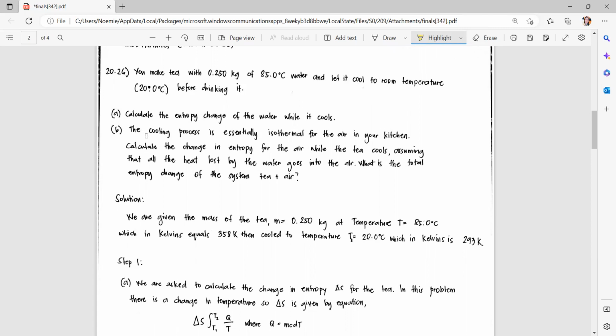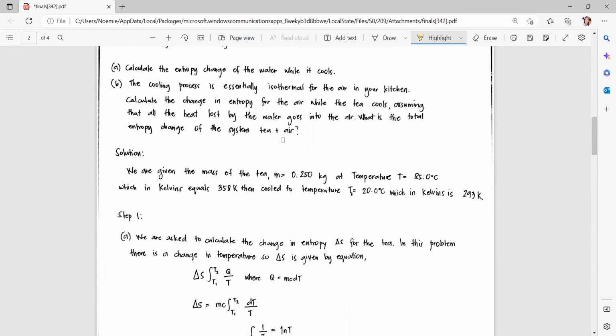We are asked to calculate the entropy change of the water while it cools and to calculate the change in entropy for the air while the tea cools, assuming that all the heat lost by the water goes into the air. What is the total entropy change of the system, tea plus air?